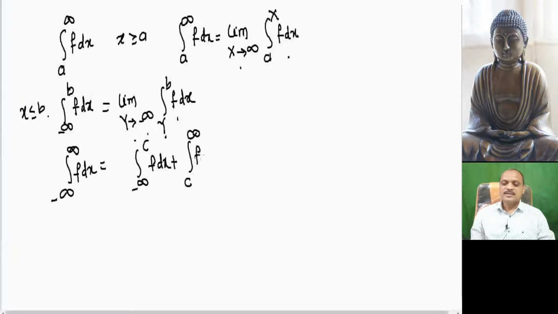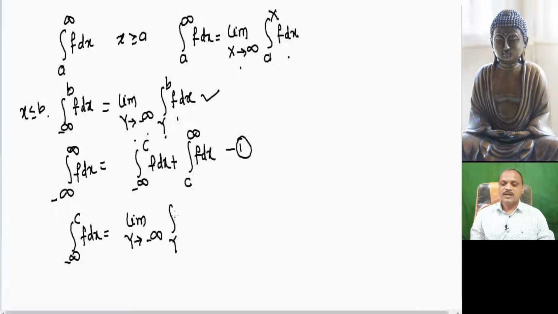In equation number 1, the first integral is evaluated using the definition: minus infinity to c of f dx equals the limit as y tends to minus infinity of the integral y to c of f dx, and the second one, c to infinity of f dx, means the limit as x tends to infinity of the integral c to x of f dx.